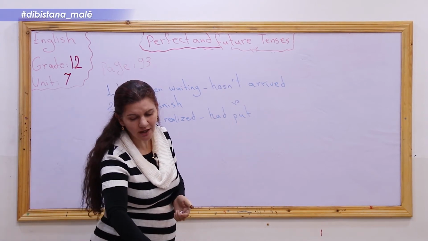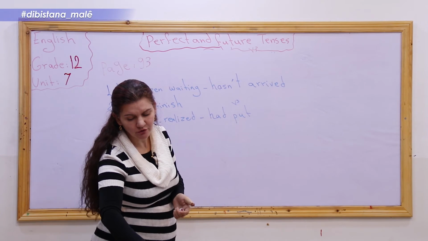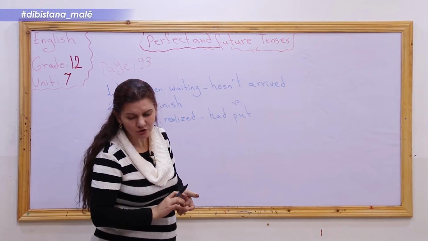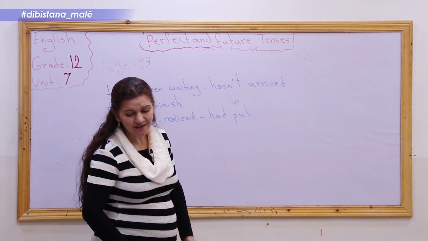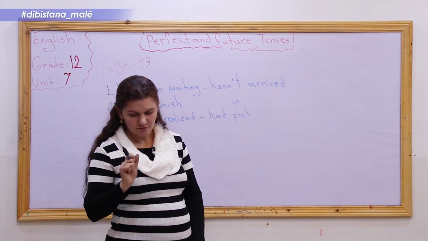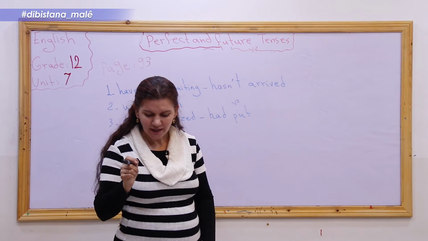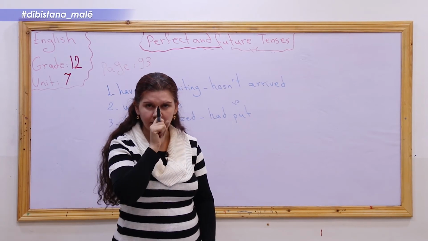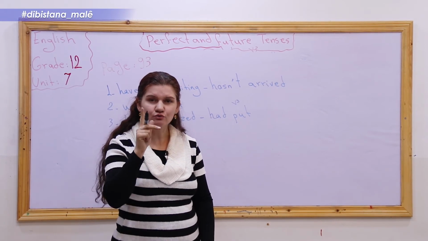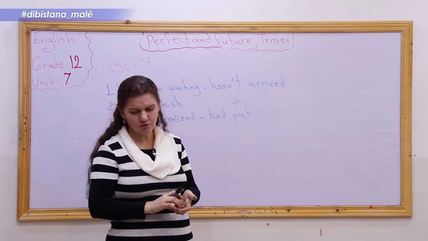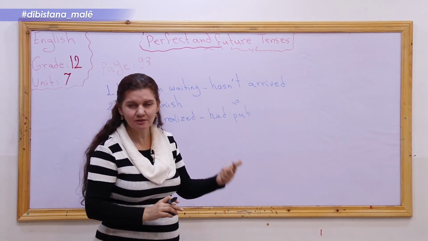Number 4: I work for 3 years when I was injured on the job. It could be past perfect, had worked, or past perfect continuous, had been working. Both are acceptable.